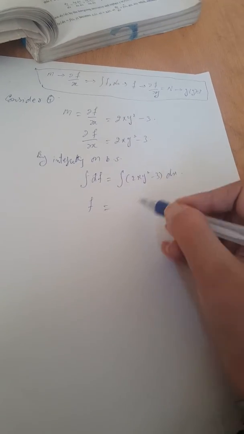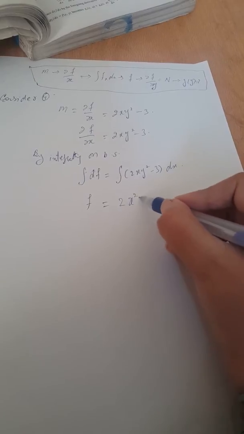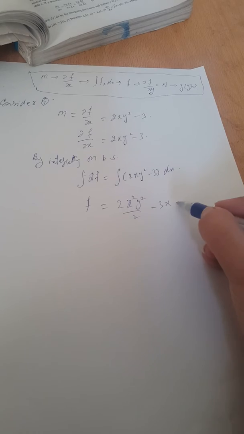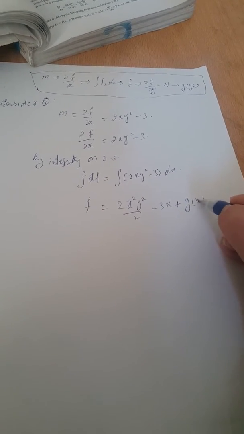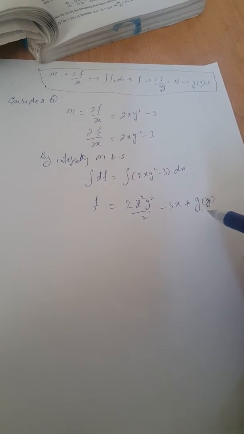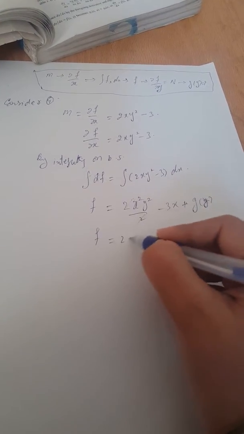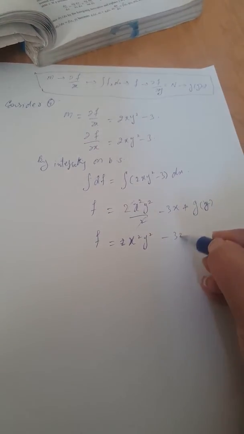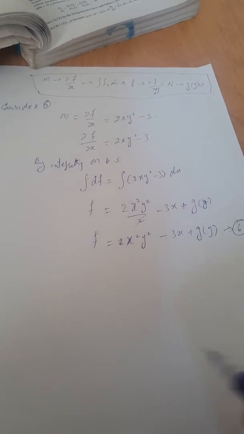So f is equal to integration with respect to x, 2x square y square by 2 minus 3x plus a constant. Since the integration is with respect to x, the constant is a function of y, so g of y. So f is equal to x square y square minus 3x plus g of y, and I call it equation number 6.